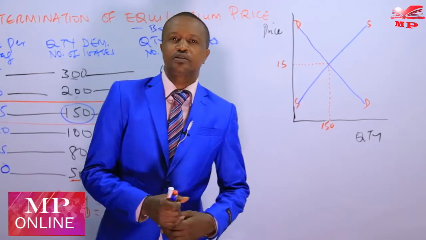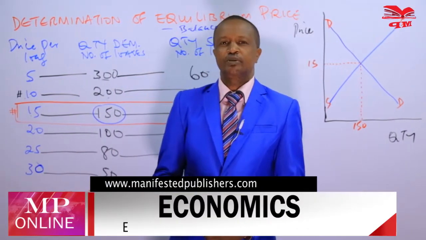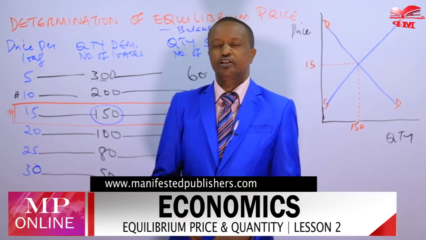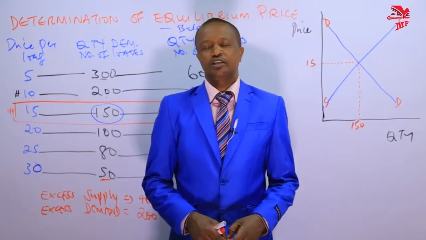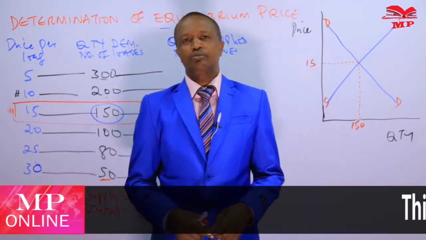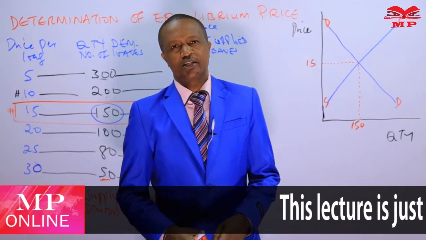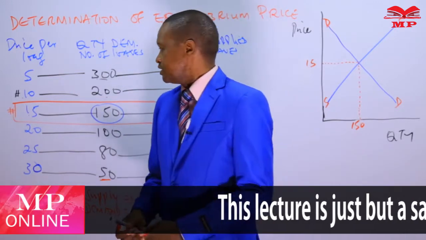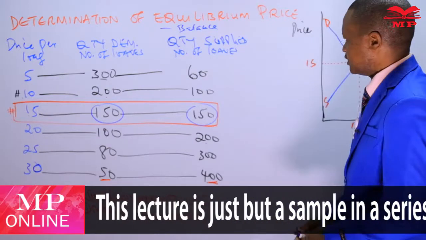Hello learners, welcome to our second class in determination of the equilibrium price, which is determined, as we discussed in our last lesson, by the forces of demand and supply. And we managed to explain how that is carried out.